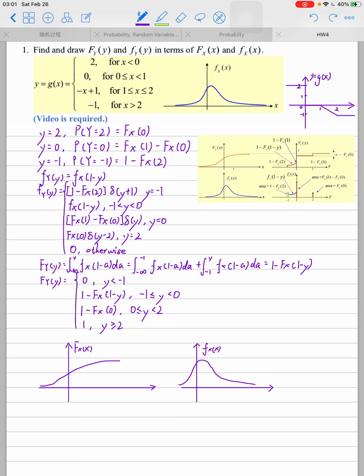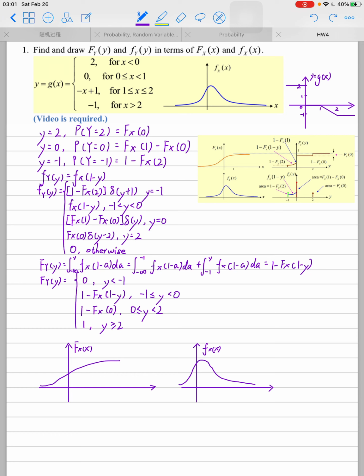When y equals 2, the probability of y equals 2 equals F_X(0). When y equals 0, the probability of y equals 0 equals F_X(1) minus F_X(0). When y equals negative 1, the probability of y equals negative 1 equals 1 minus F_X(2).